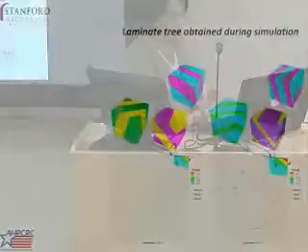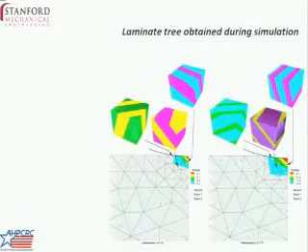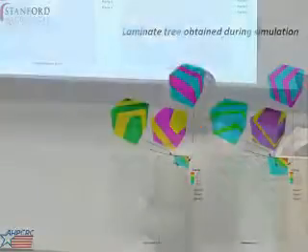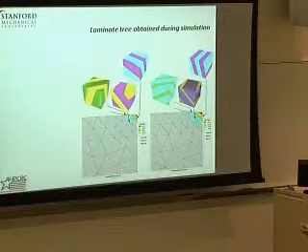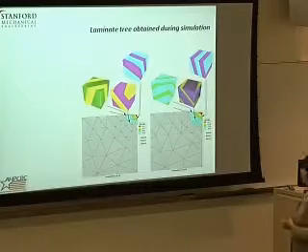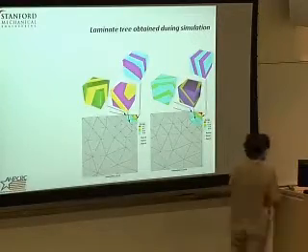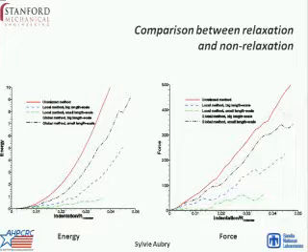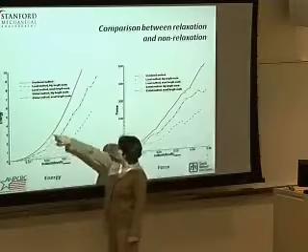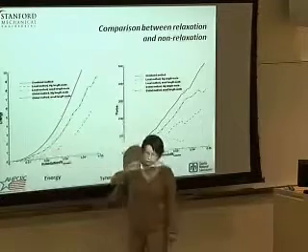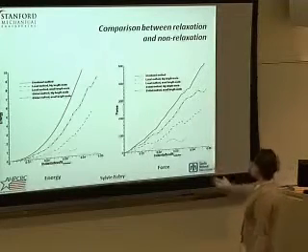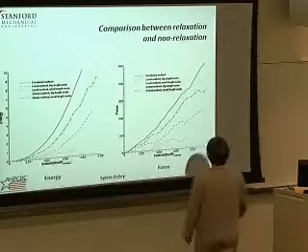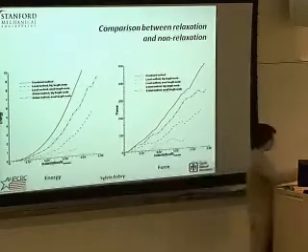So we've done that, and here I'm showing some of the ranks. They are mainly rank 1 or rank 2 laminates that appear during the minimization procedure. And here I'm showing curves for the energy and the force. If you don't do anything, you have the red curve. We tried several strategies to minimize the energy, but globally our algorithm is going to minimize the energy and give you an optimal structure.